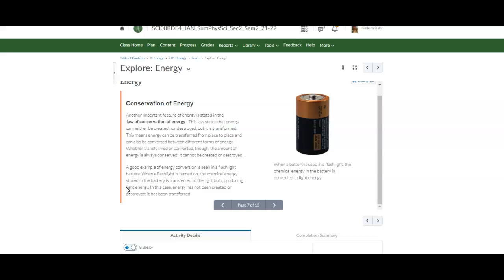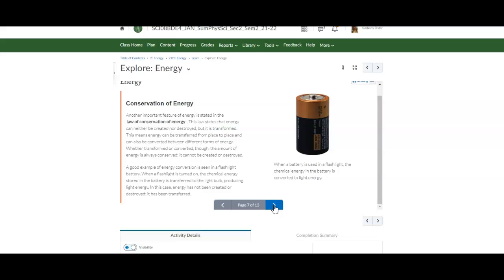If you just want to write the words out and use some arrows, battery, flashlight, light energy, just make sure you understand that. It's a great thing to have in your notes as well. And it also sums it up here again. When a battery is used in a flashlight, the chemical energy in the battery is converted to light energy. So that gets number 7.